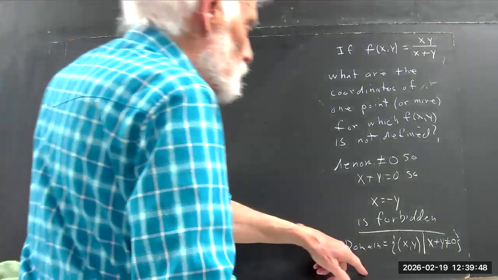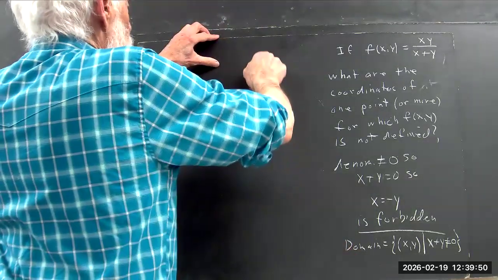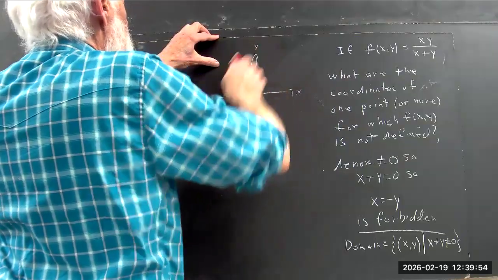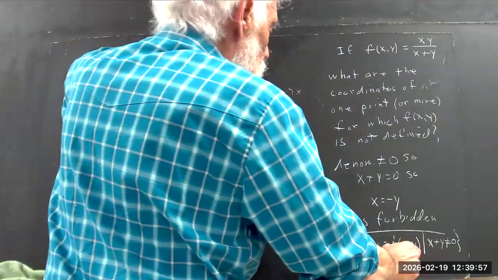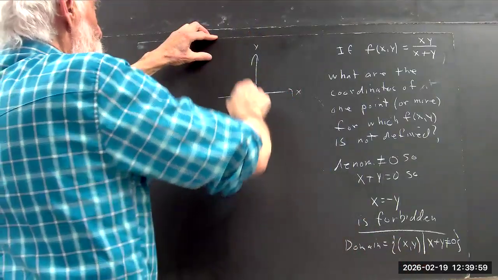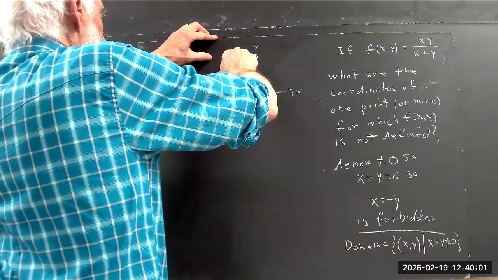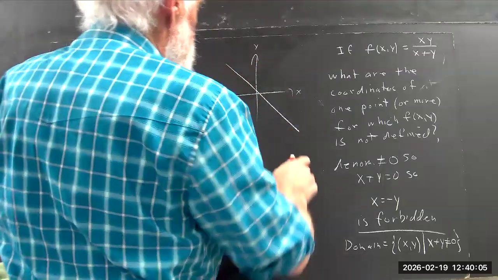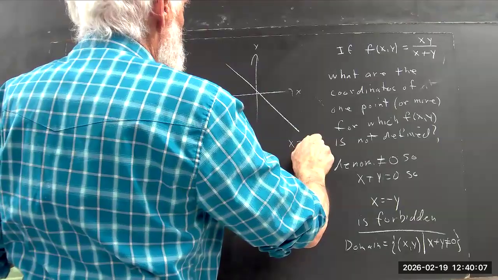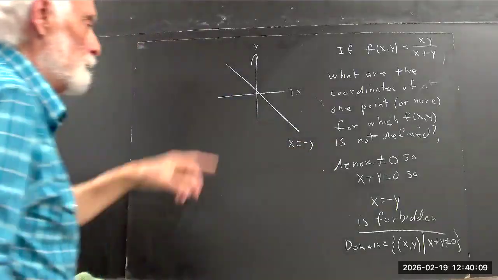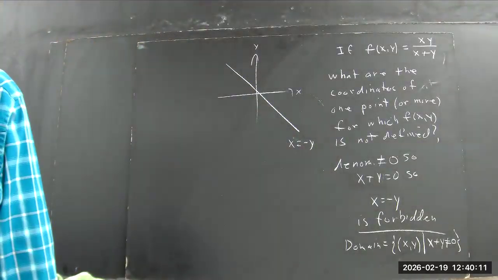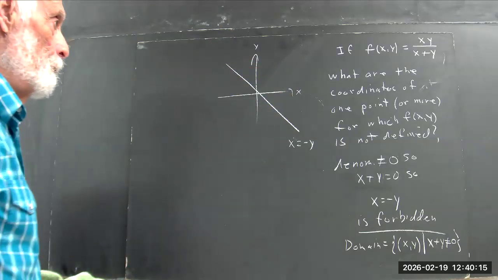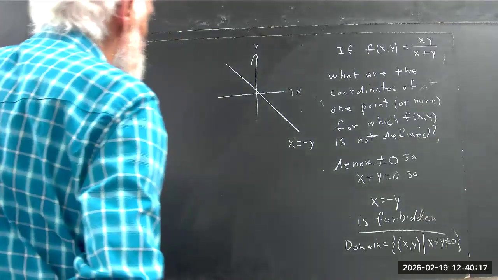And what does that look like in the xy plane? x equals negative y is this line, right? So this function's not defined on that line.